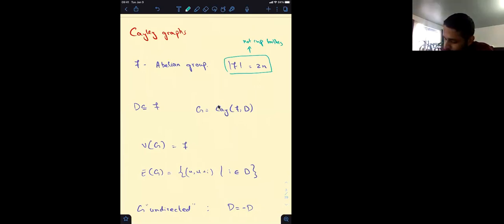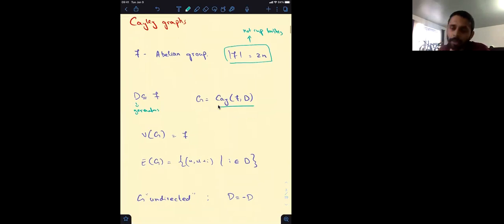And for a subset D, these are called generators, the Cayley graph is written as (F, D). The vertex set of the Cayley graph is all the group elements, and the edge set is given in this way. Every element u has neighbors u plus i, where i belongs to D. So this is what a Cayley graph is.